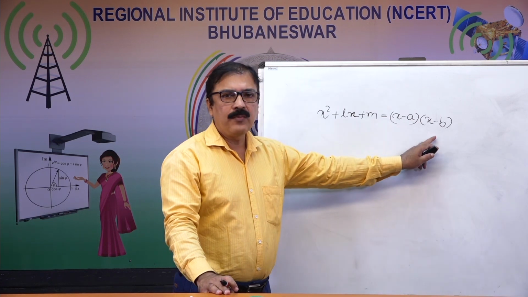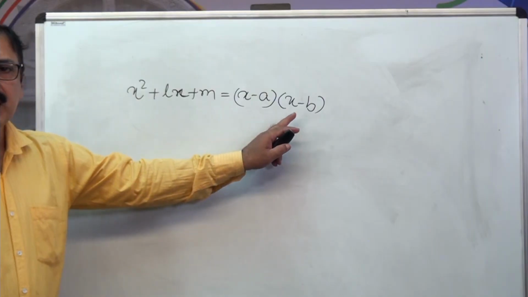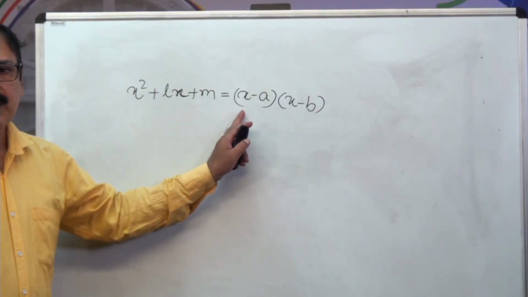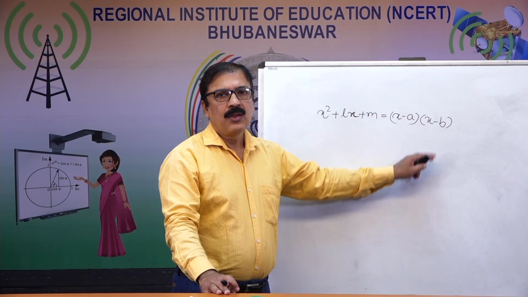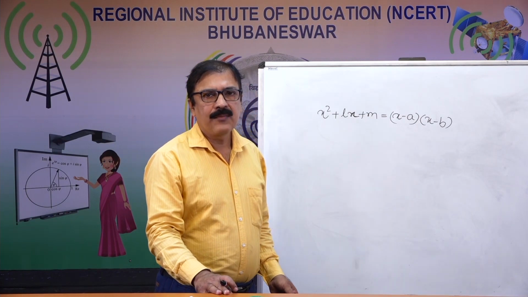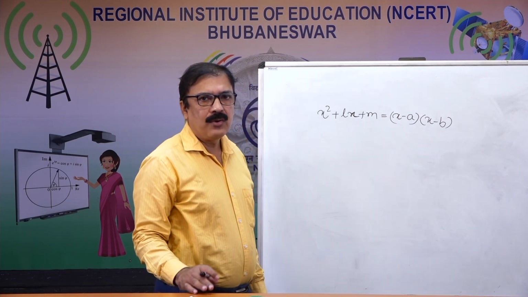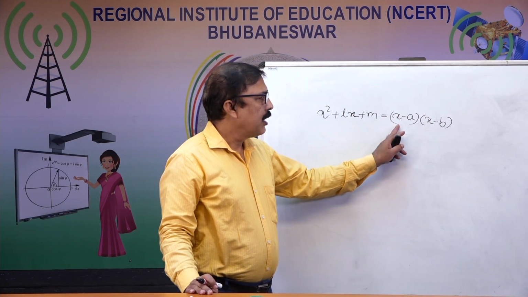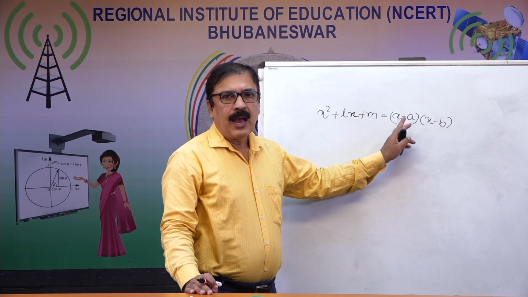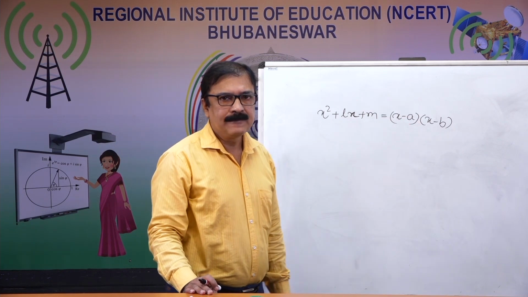Why these two polynomials? Here we have two linear polynomials, and the product of two linear polynomials always gives a quadratic polynomial. So as the left hand side is a quadratic polynomial, it must have at best two factors.